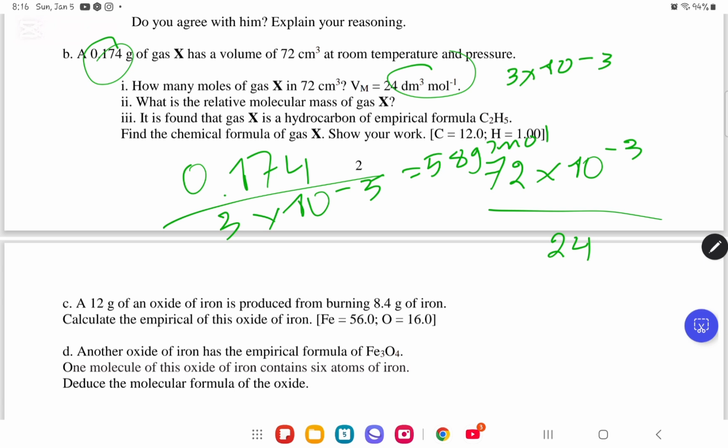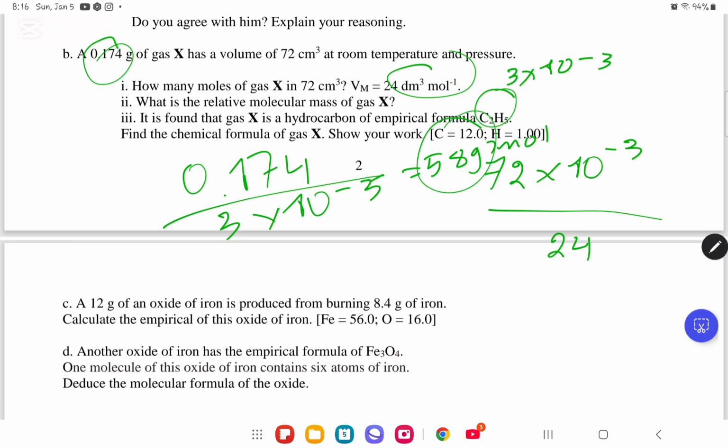Part 3, it is found that gas X is a hydrocarbon of empirical formula C2H5. Okay, so very simply what we need to do is we need to find the molecular or the molar mass of this C2H5. So very simply it's 12 times 2 plus 5, so 29.